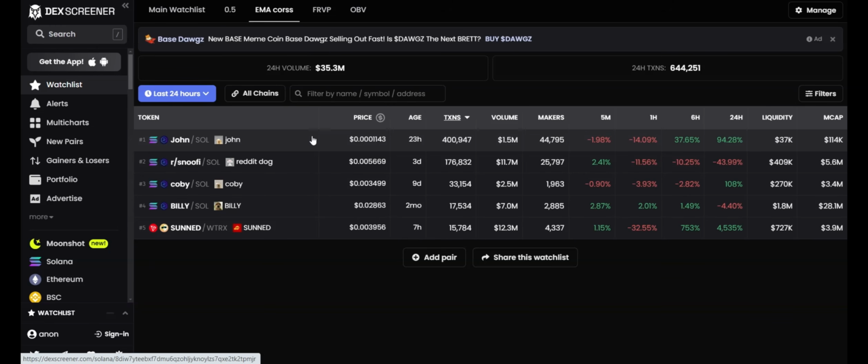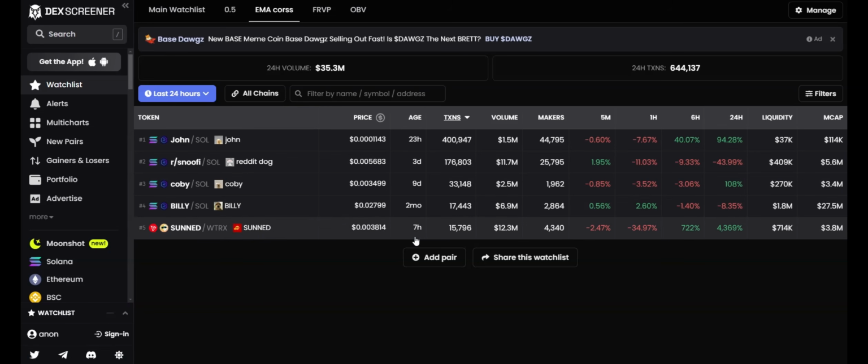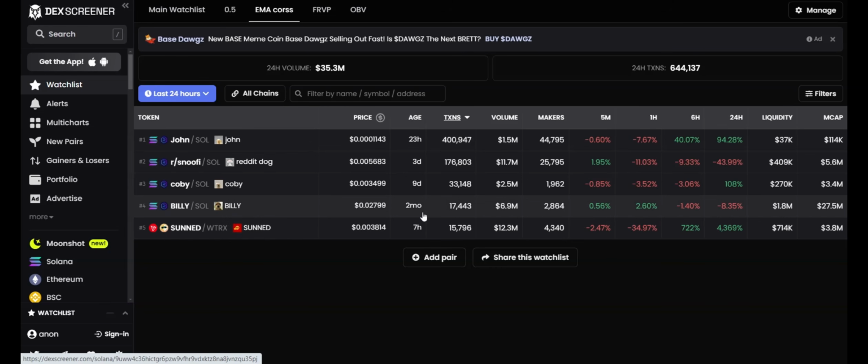Okay, we can use it from low time frames to higher time frames. So what you can see here is I've got tokens that have all various different ages, going from 7 hours old up to 2 months. And I'm going to show you how you can use the EMA Cross Strategy on these tokens.